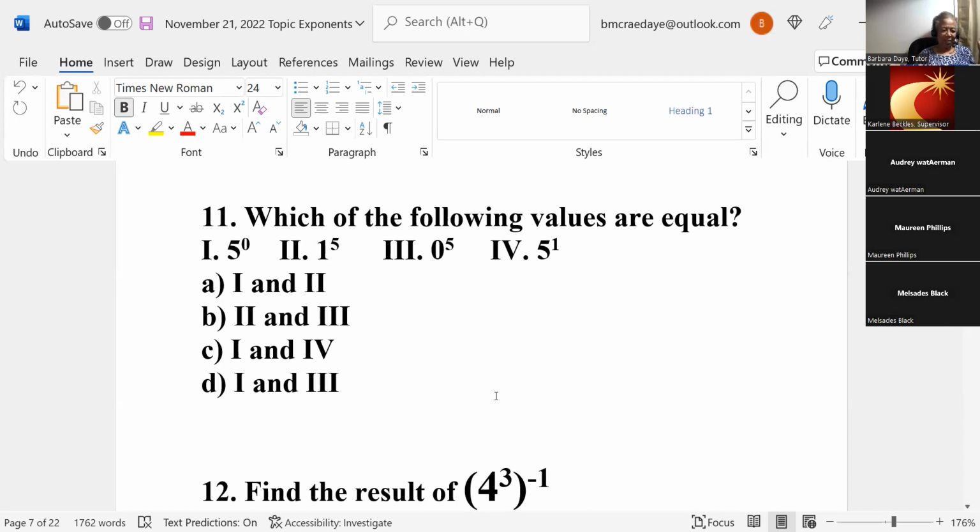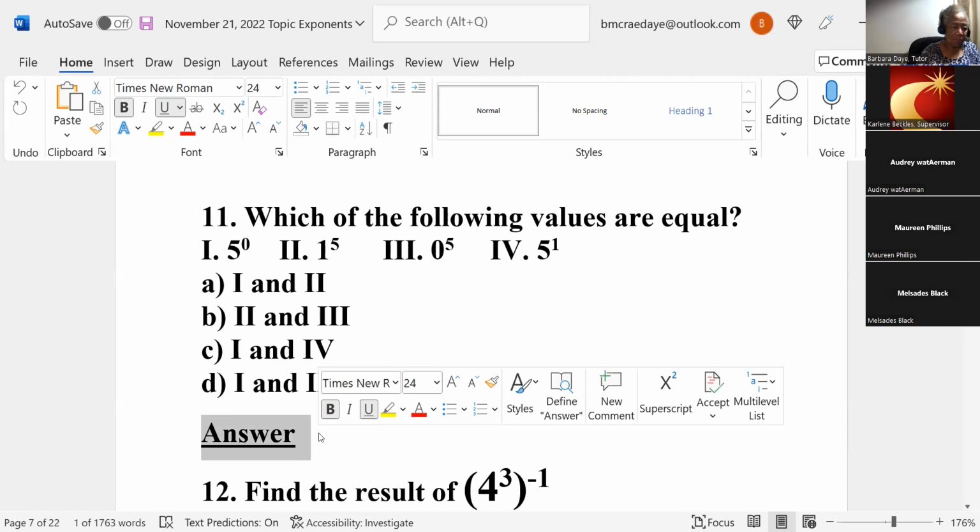Mercedes, what's the answer? Miss, I don't know. I couldn't do this one. Audrey did it. Audrey, how did you get the answer? Because I said 5 to the 0, 5 to the 0 is 1. Keep going, Audrey. You had it right. 5 to the 0 is 1.